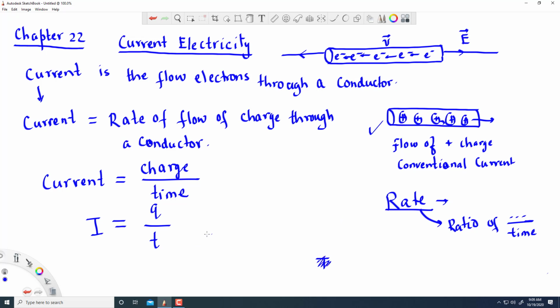Coulomb is the unit for charge, so that's measured in coulombs, C, and time is measured in unit of seconds, which is s. So the unit of current is coulomb per second, and it's also called amperes. You guys might have heard about amps. So amperes, in short form, it's capital A.